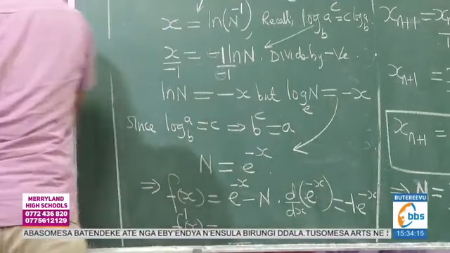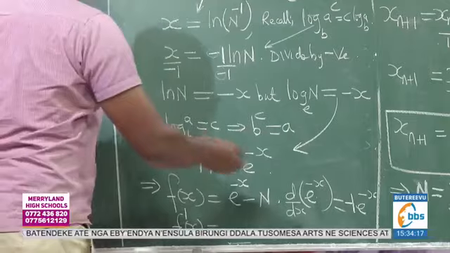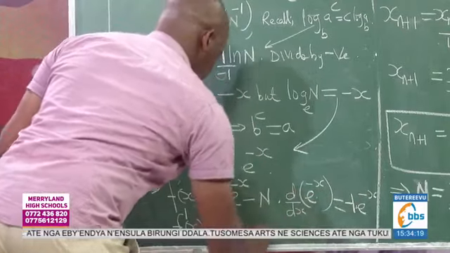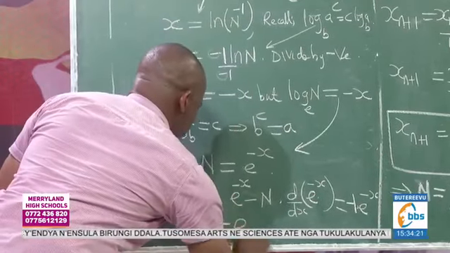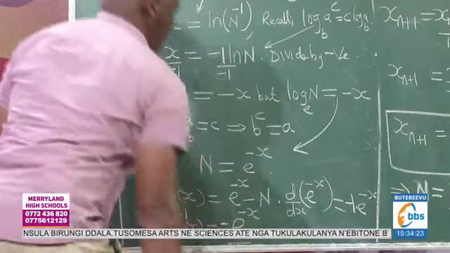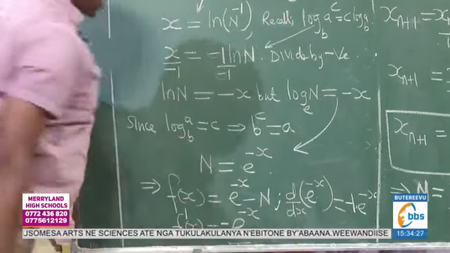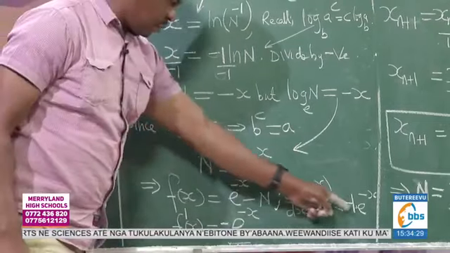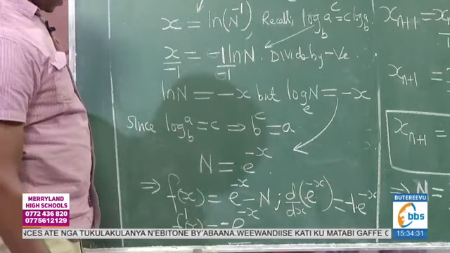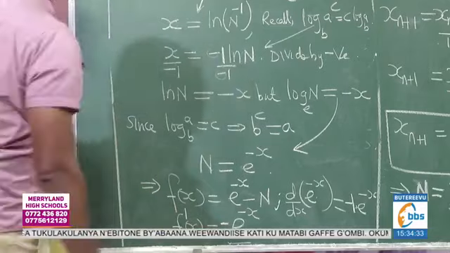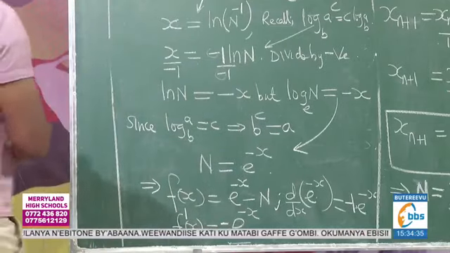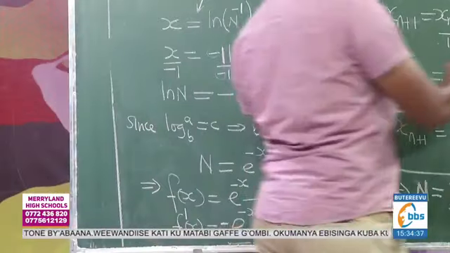The 1 times any number remains 1. So this would be negative e to the negative x. d by dx of e to the negative x is equal to negative e to the negative x. Here I will now bring in the first approximation.